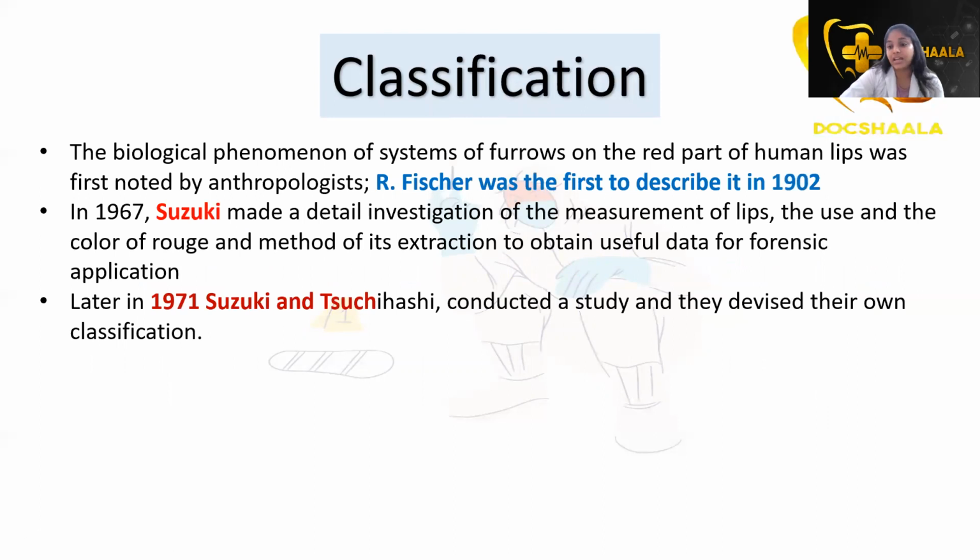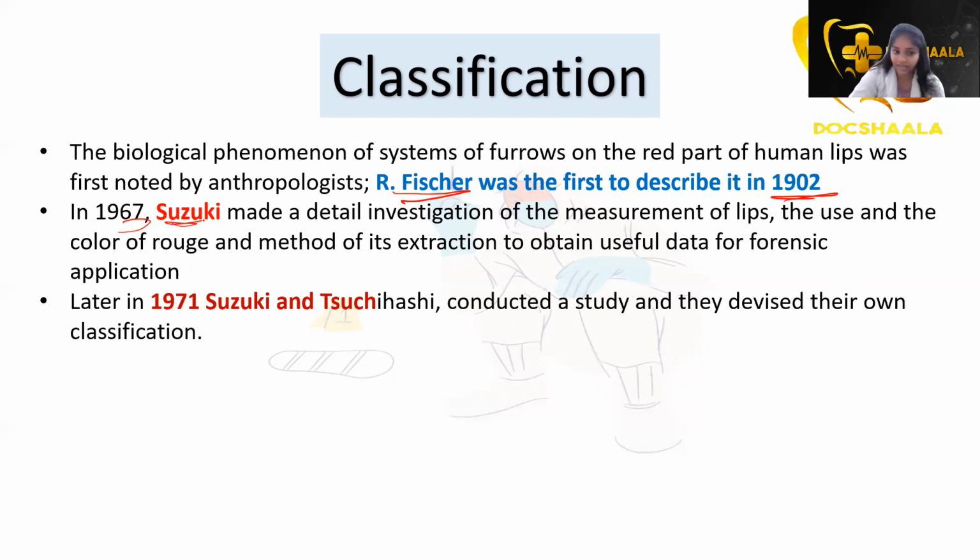Now the classification. Lip prints are classified into different types. It was first noted by R. Fischer in 1902. Later, in 1967, Suzuki made a detailed investigation of the measurement of lips and lip prints, the color of rouge to be used, and the method of its extraction.